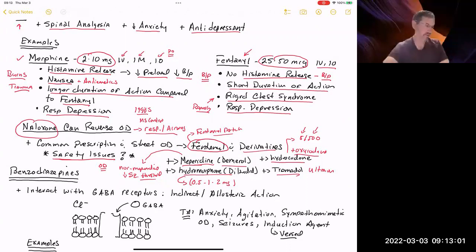That's completely inappropriate, because you want to open the airway, suction if needed, begin bag mask ventilation, right? Stabilize that patient's respiratory and airway status, and then look at getting naloxone on board.